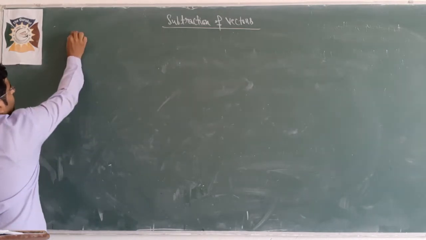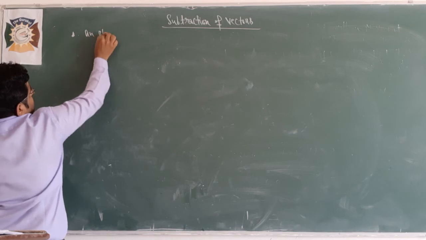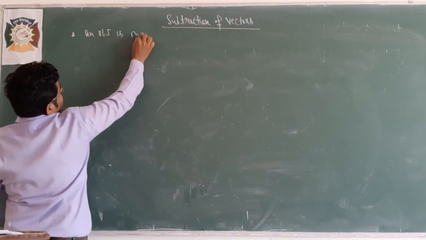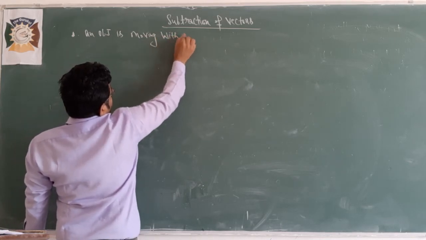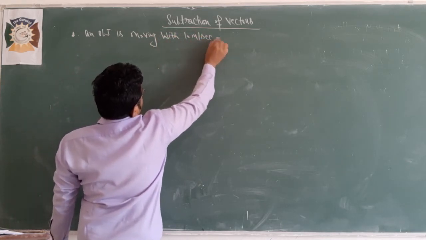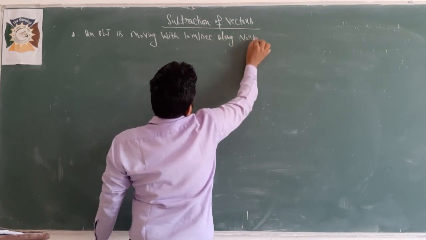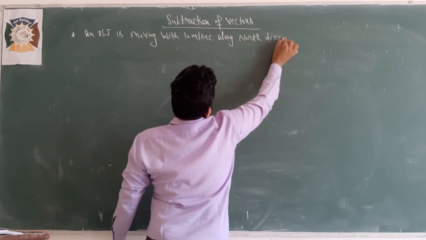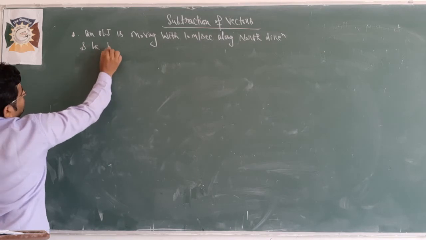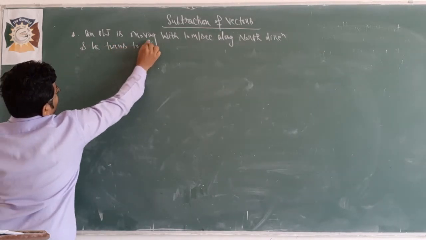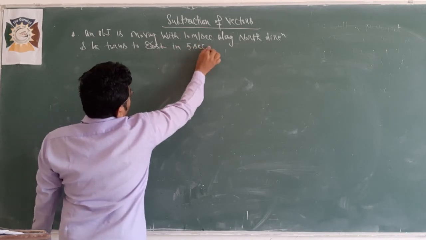Look, first, an object is moving with 10 meter per second along north direction, and he turns to east in 5 seconds.